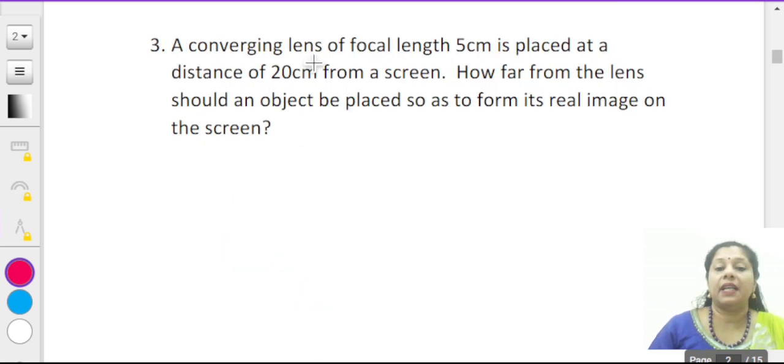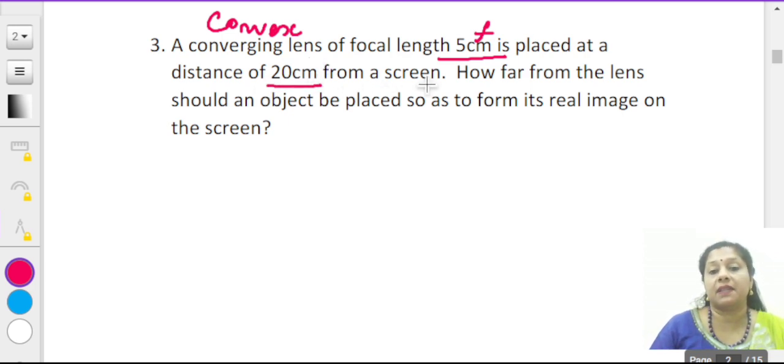A converging lens of focal length 5 cm. Converging lens is a convex lens. So focal length is 5 cm, placed at a distance of 20 cm from a screen. So image distance is given. How far from the lens should an object be placed so as to form a real image on the screen?